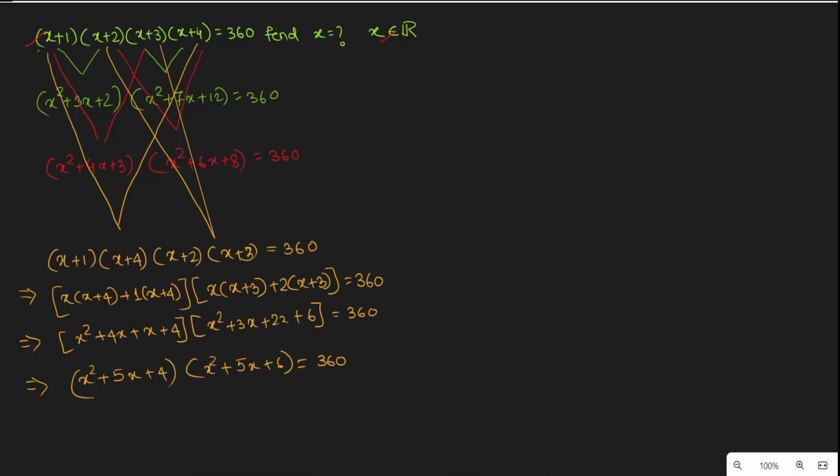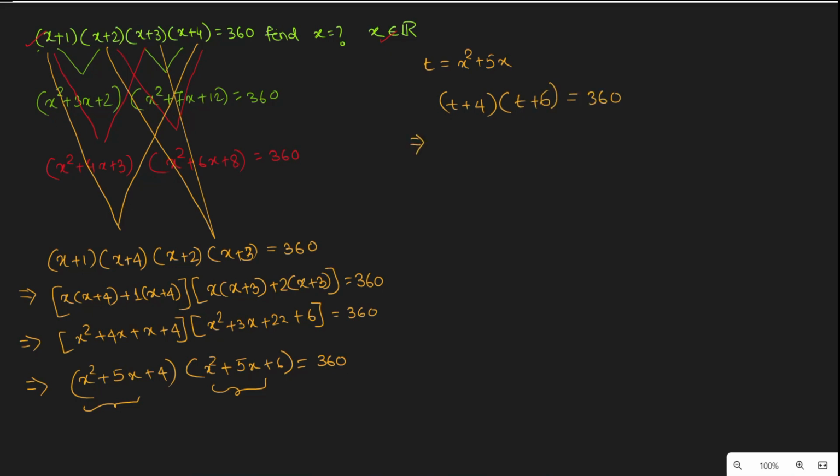Now you can see in these two expressions x² + 5x is common. Hence let us assume t is equal to x² + 5x. Now we can simplify this equation as (t+4)(t+6) = 360.